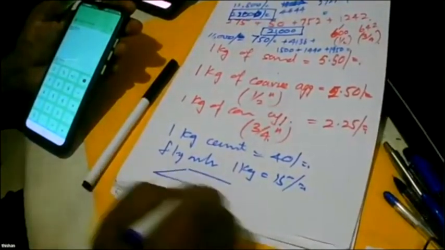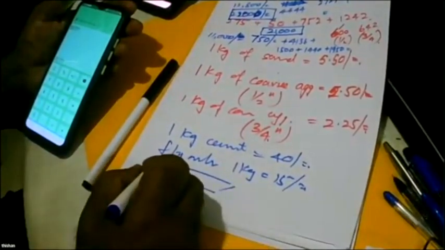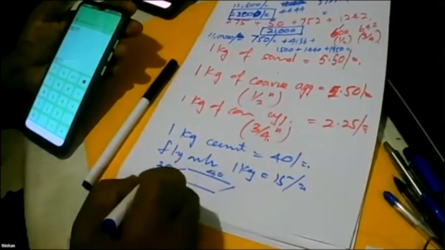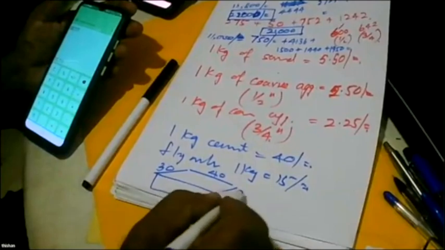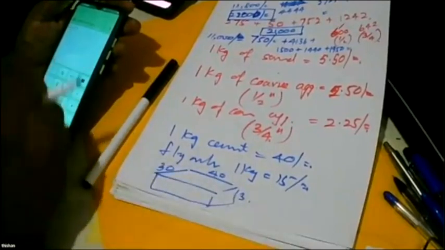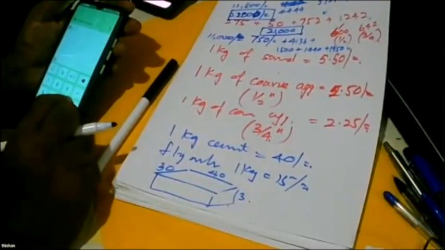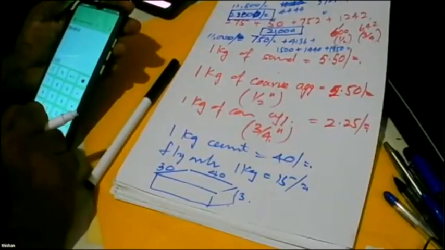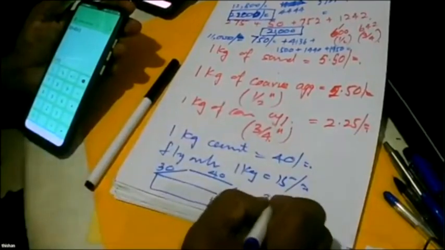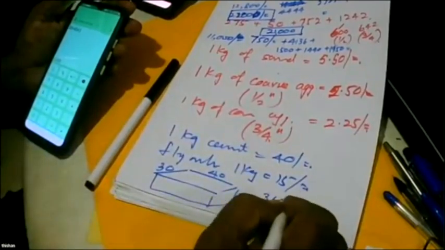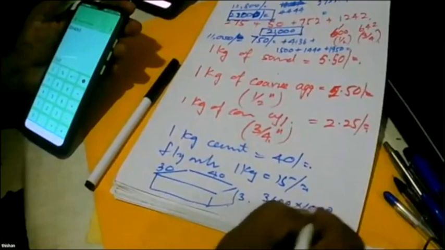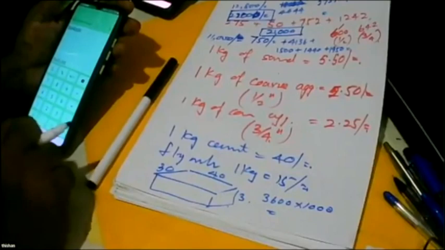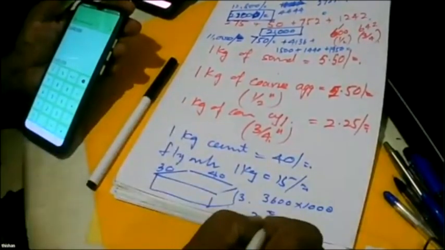You have a large pole, 30 meters by 40 meters by 3 meters. So how many meter cubes? 30 multiplied by 40 multiplied by 3, 3,600 meter cubes multiplied by 1,000 rupees saving, 3,600,000.